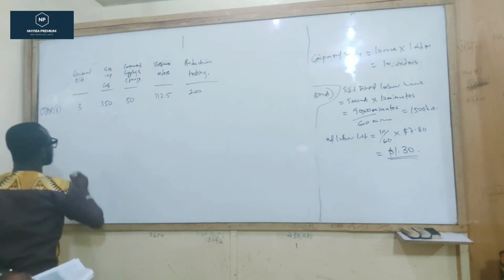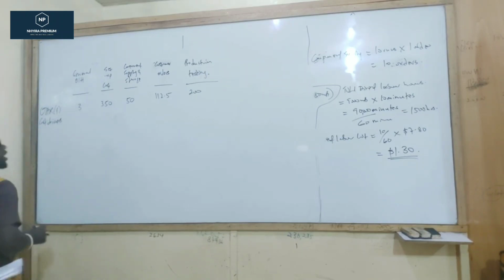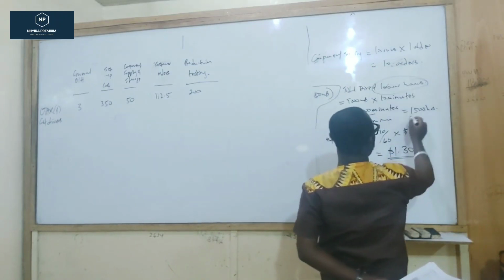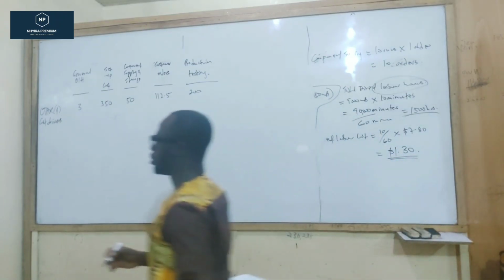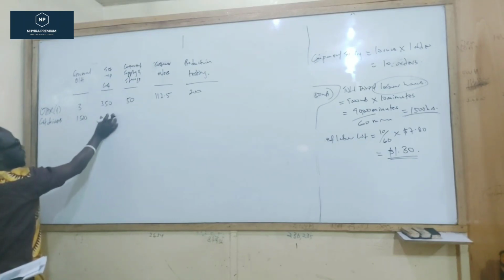Then we bring the cost drivers, the actual cost drivers we have. General overheads, it was absorbed using what? Labor hours. And we calculated the labor hours to be 1,500. How many production runs do we have? The actual event, please. 10.